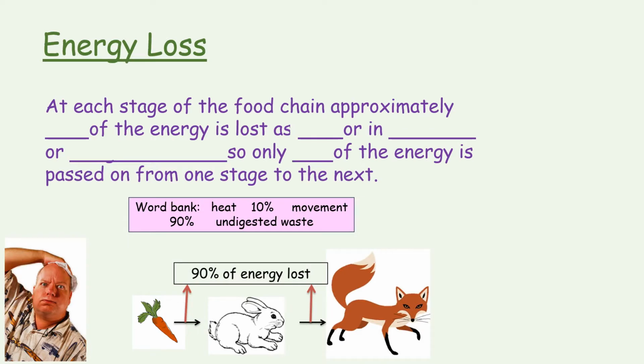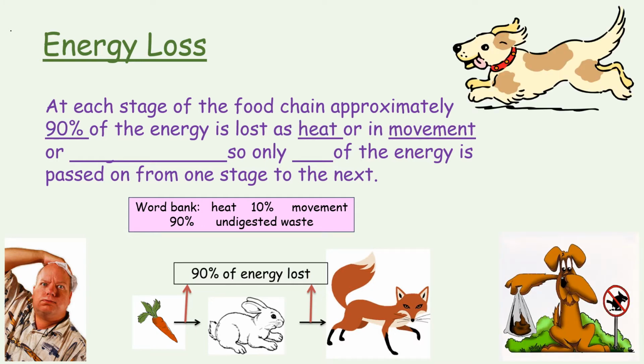The answer is that at each stage of the food chain, approximately 90% of energy is lost as heat, or in movement, or in undigested waste. So only 10% of the energy is passed on from one stage to the next. Well done if you managed to get that correct. If not, go back to the start of the video.